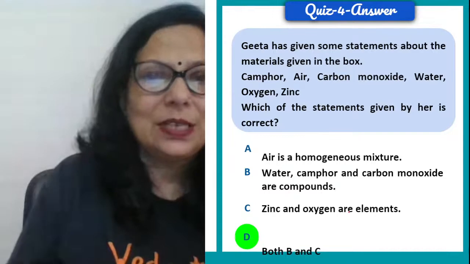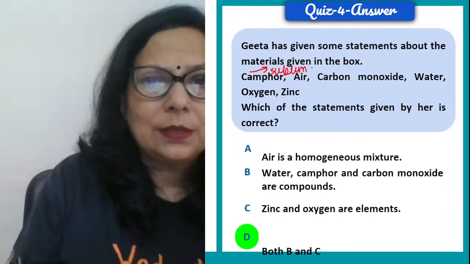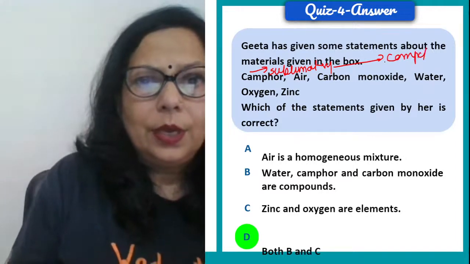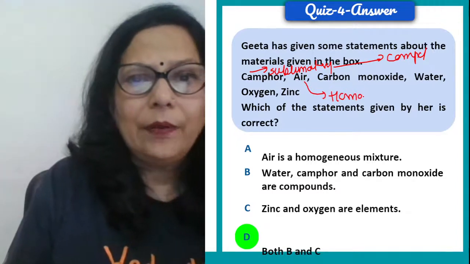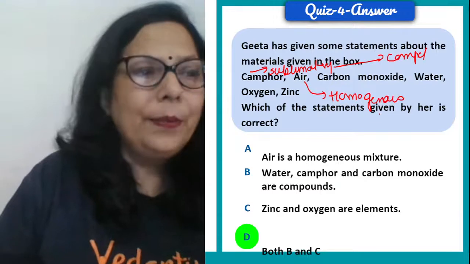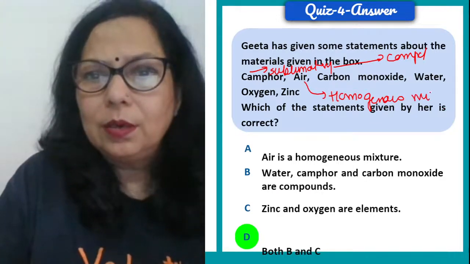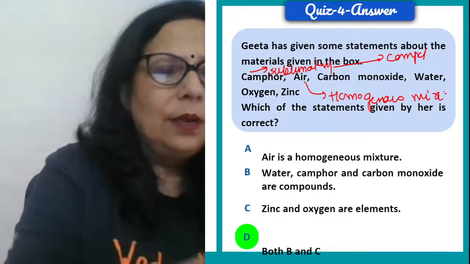Yes, we will discuss each and everything. See, this is also a sublimatory substance and it is a compound. Air is a homogeneous mixture. Air is a mixture.